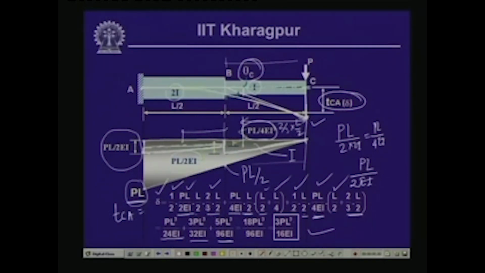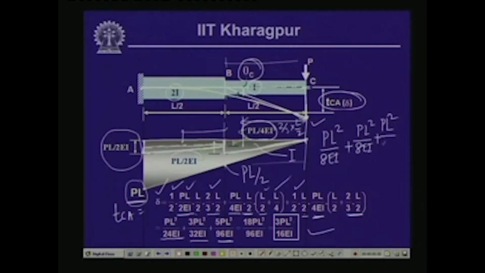And if we take all the areas and sum them together, then we get the values. If we take this as PL square by 8 EI from the first part, plus from here PL square by 8 EI again, that is the area of the rectangular part, and the other triangular part is PL square by 16 EI.